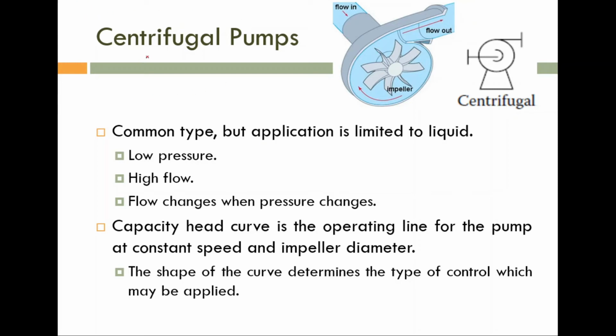Normally for transporting liquid, especially water or low pressure applications, a centrifugal pump is used. Low pressure application means the liquid is not that viscous. For slurries and similar liquids, we have to use a rotary pump.